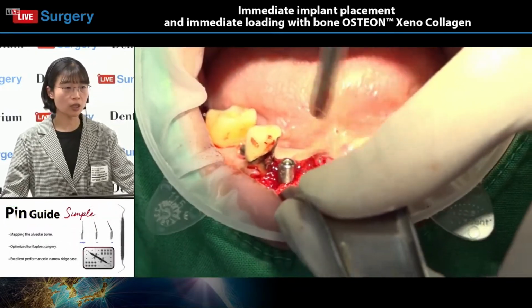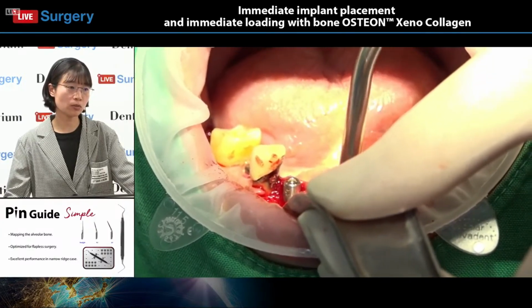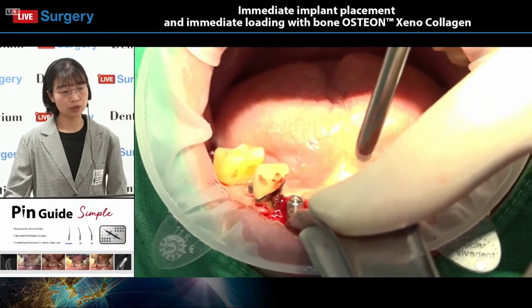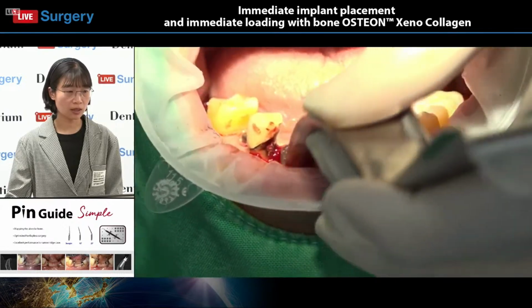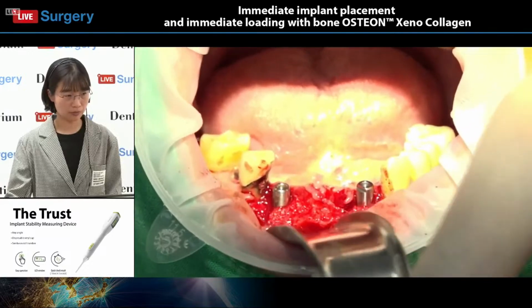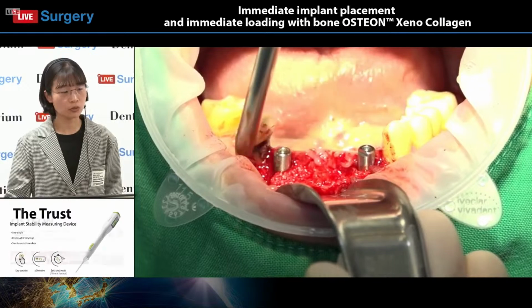Now he is checking the flexibility of the gingival flap for covering the bone graft site. Now he is preparing the collagen membrane. I think that is a collagen membrane too.